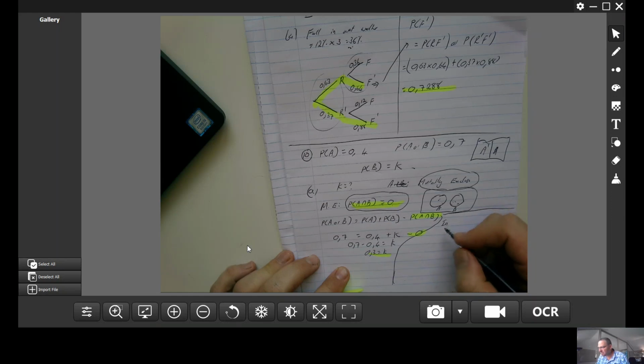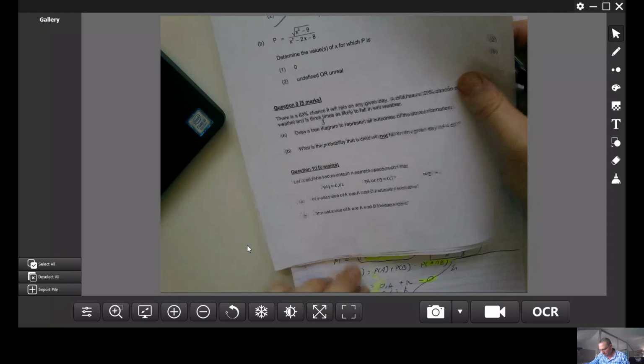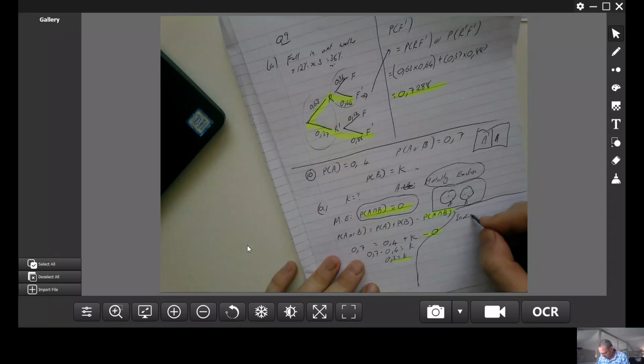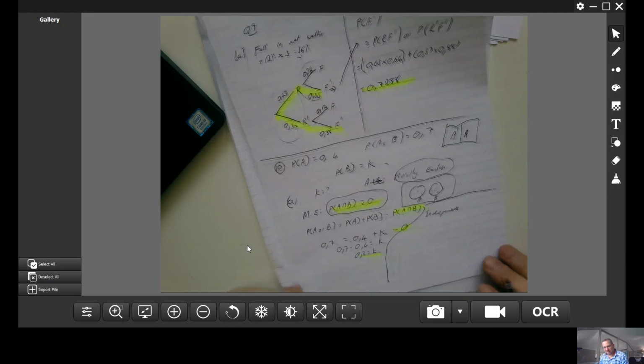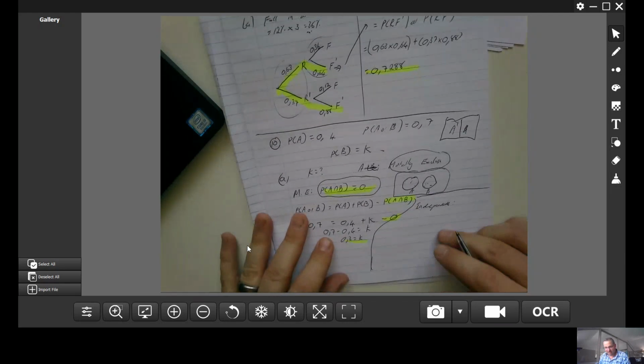Independence. The next question says go find K. For what values of K are A and B independent? For independence, you can't really see independence on a Venn diagram. But independence means that one thing doesn't affect the other thing.